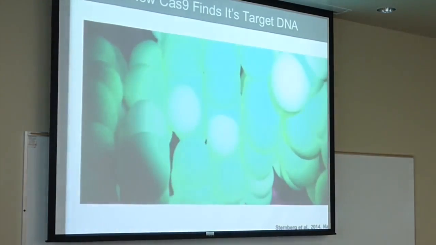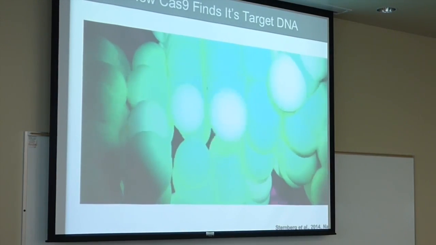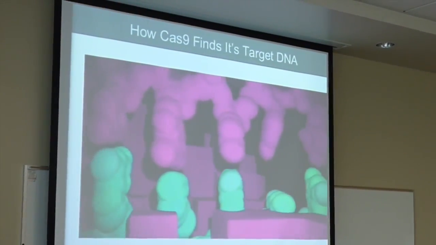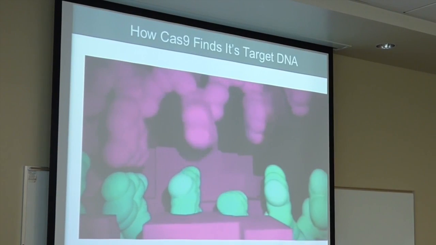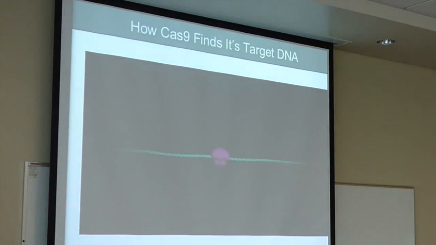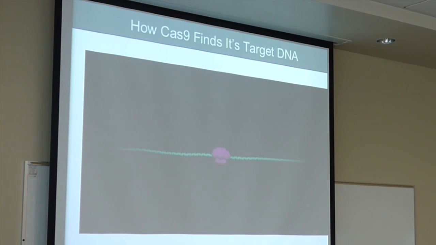Cas9 unzips the DNA at each PAM site and checks to see if the rest of the sequence is complementary to its RNA. If it doesn't match, Cas9 eventually falls off and the search continues.